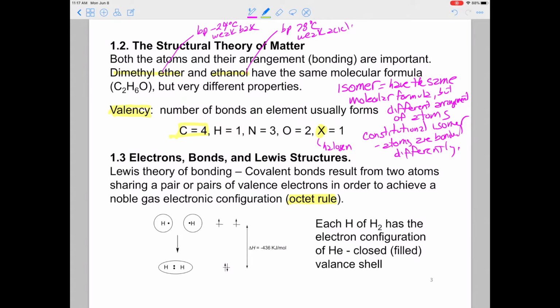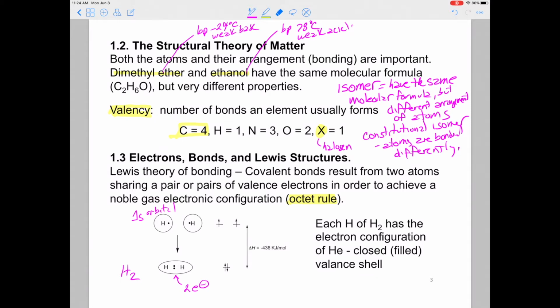All right, we can look at a simple example, and that is the formation of the H2 molecule from 2 hydrogen atoms. Each hydrogen atom has a single electron in the 1s orbital, and these orbitals will overlap to form a bond, and that bond now contains 2 electrons.